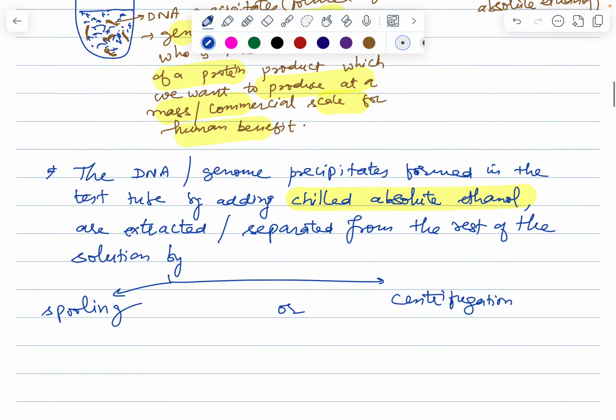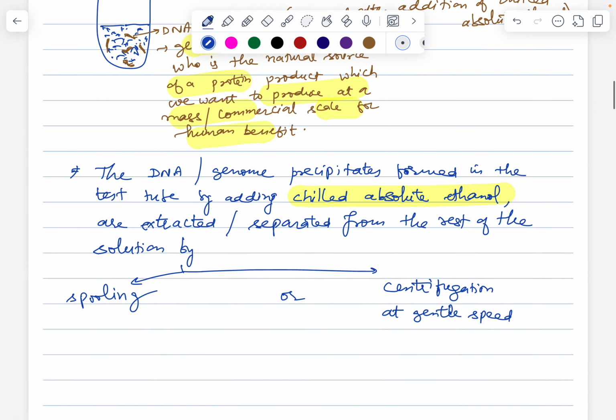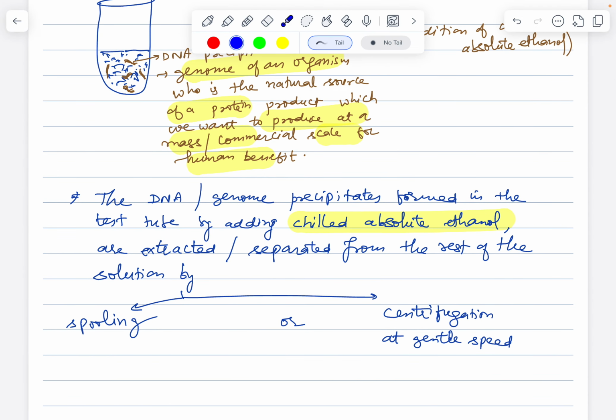centrifugation. Centrifugation is done at a gentle speed in this case. And when you do the centrifugation at a gentle speed, obviously you can see the logic that all the DNA precipitates are going to settle at the bottom, and we can just throw the rest of the stuff.